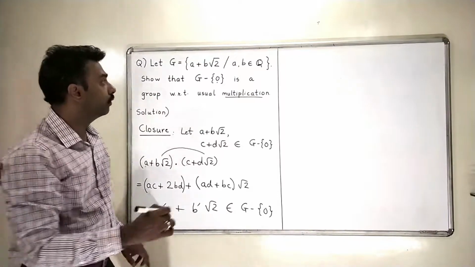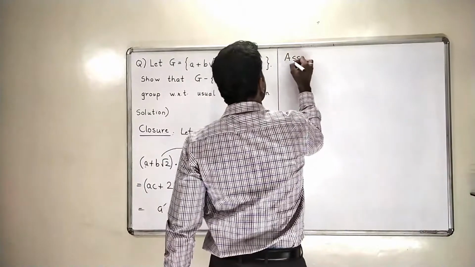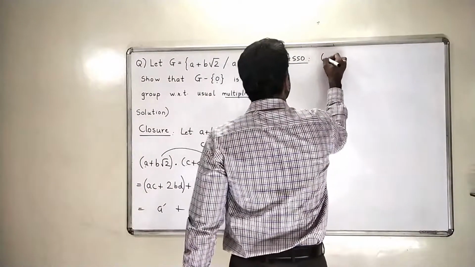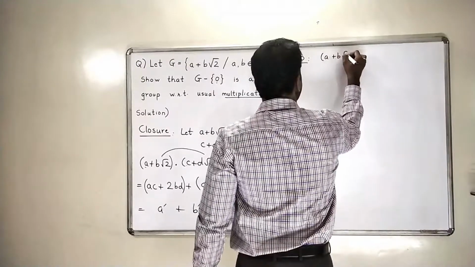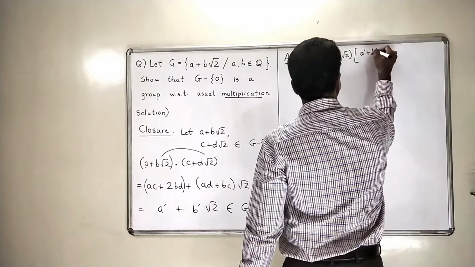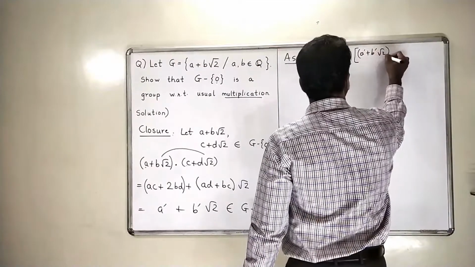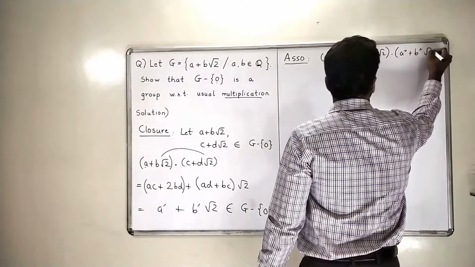So let us go for the associativity. Again, I will say that you can check associativity in your free time. So it is a plus b root 2 multiplied by a dash plus b dash root 2, multiplied by a double dash plus b double dash root 2.